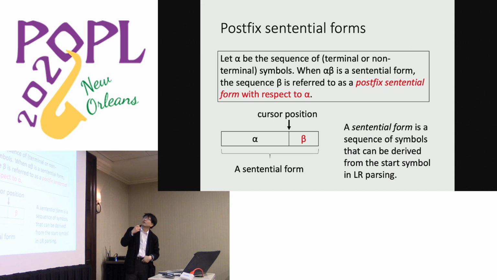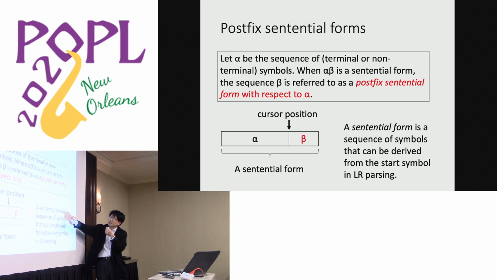Firstly, we'd like to introduce one notion about postfix sentential forms, which is based on a sentential form, which is introduced by Donald Knuth. A sentential form is a sequence of symbols that can be derived from the start symbol. This is the sentential form.